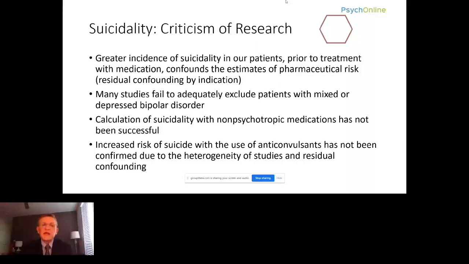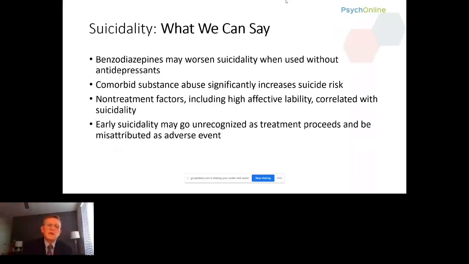Many studies fail to adequately exclude patients with mixed or depressed bipolar disorder, as I said. Calculation of suicidality with non-psychotropic medications has not been successful at all. We don't know how to compare it to our medical brethren. And increased risk of suicide with the use of anticonvulsants has not been confirmed due to the heterogeneity of studies and residual confounding, even though there's that black box warning.